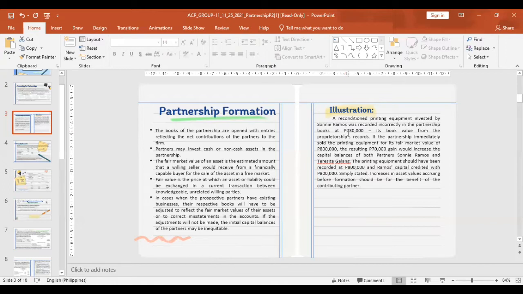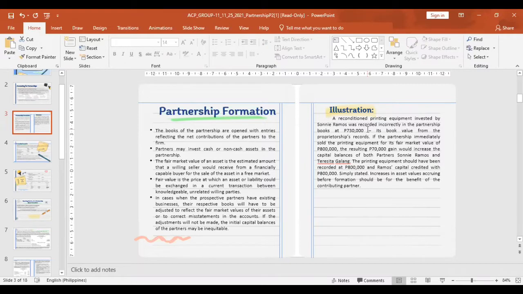So ang nangyari dito, yung printing equipment na ininvest ni Sonny Ramos, 730,000 ang value niya dun sa libro niya, pero pag binenta mo siya sa market, 800,000 daw. Yun nga lang, ang na-record dun sa libro niyo is 730,000. And then, at that time, binenta nila, kasi for example, hindi pala printing business yung gagawin nila.